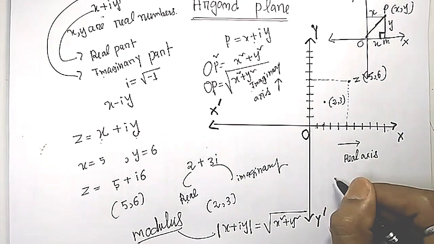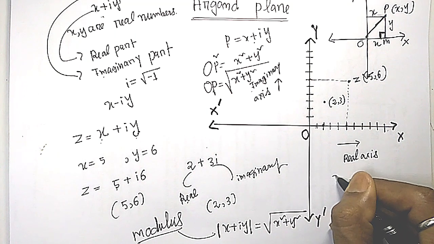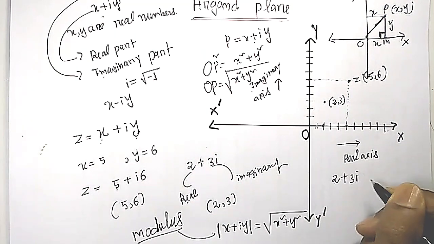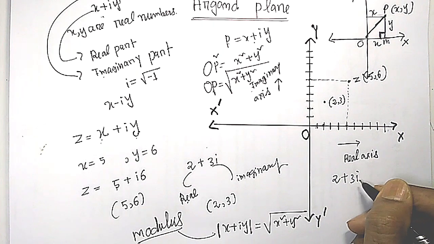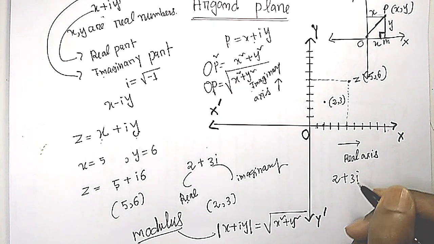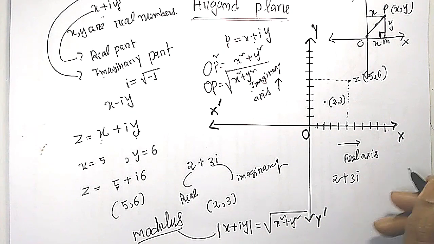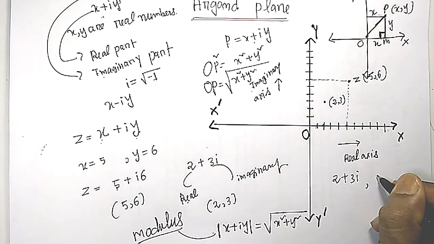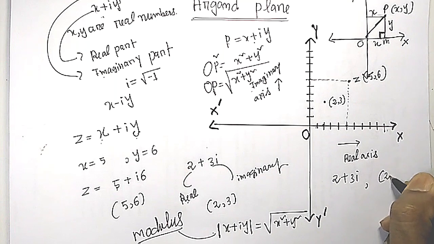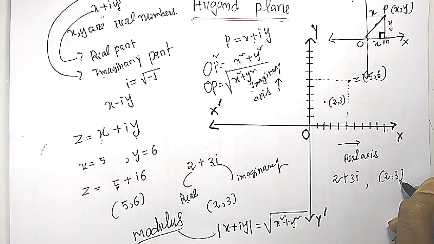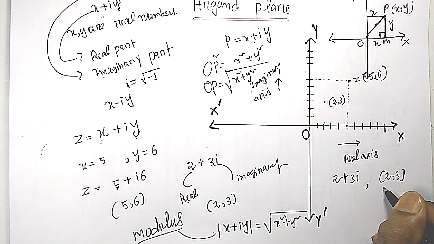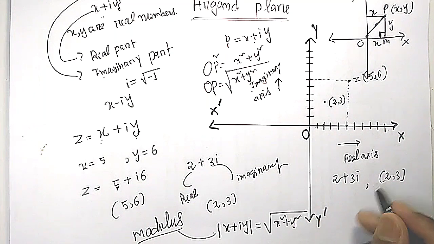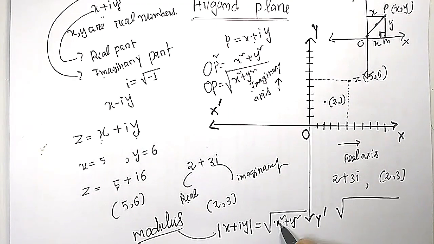So taking one more example, suppose 2 plus 3i, and the question is: find the modulus of 2 plus 3i. The modulus is the distance of the point 2 comma 3 from the origin. So how can you find the modulus? x square plus y square.